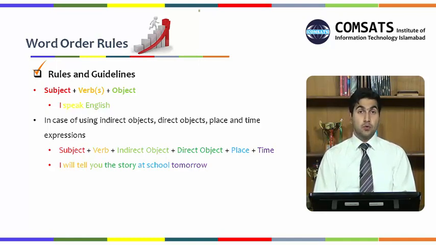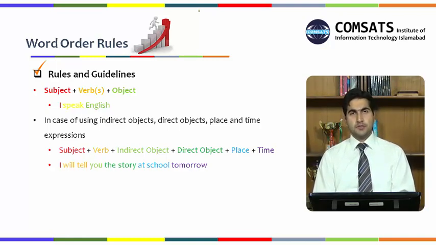So in that case, there are verbs. And then at the end, you also have an object, and together all these three form a sentence. As you have within the example, I being the subject, verb is speak, and English is the object. And all together they form a simple sentence.